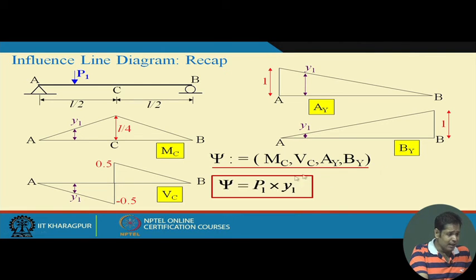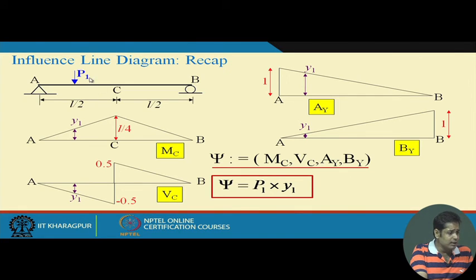Then psi can be written as P1 into Y1, right? P1 into this Y1 will give us the moment at C, P1 into this Y1 the reaction at A, and P1 into this Y1 the reaction at B. So this is the application of the influence line diagram as far as we have a concentrated load. This we have learned so far, right?